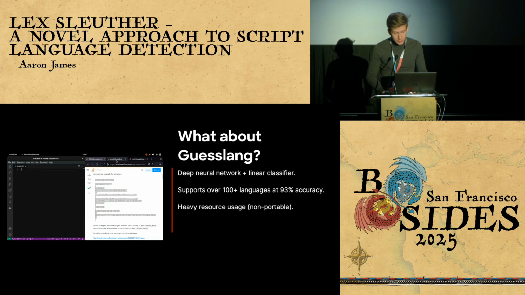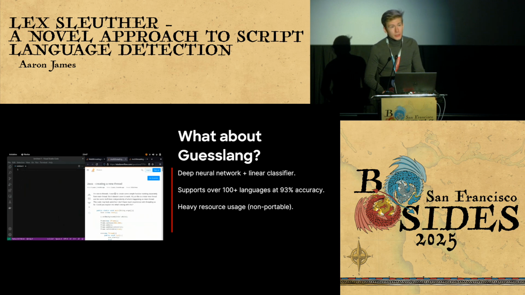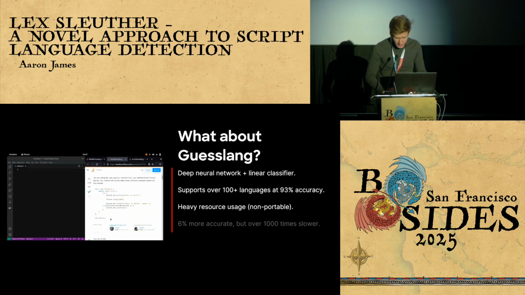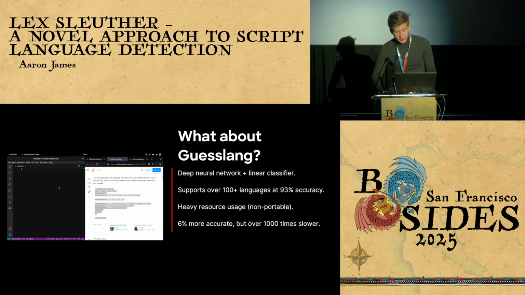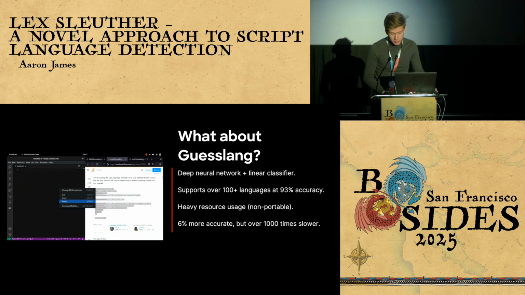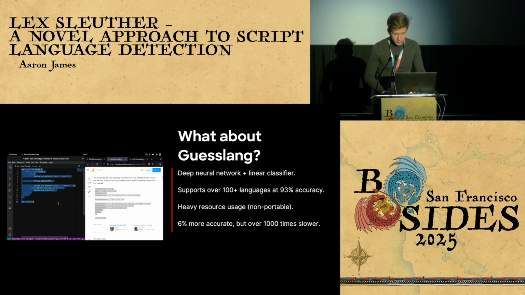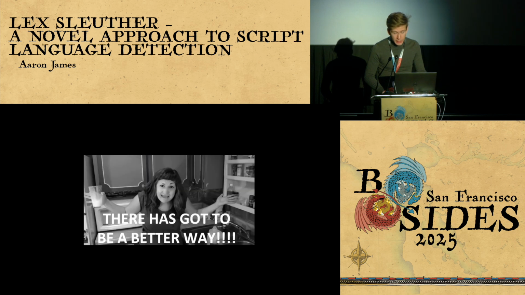It uses a lot of resources and is not suitable for constrained environments. And in fact, a study done at CrowdStrike found that GuessLang was more accurate than our stitched together heuristics, but was also 1,000 times slower, which we made the call that the 6% boost was not worth it, and we kept looking.